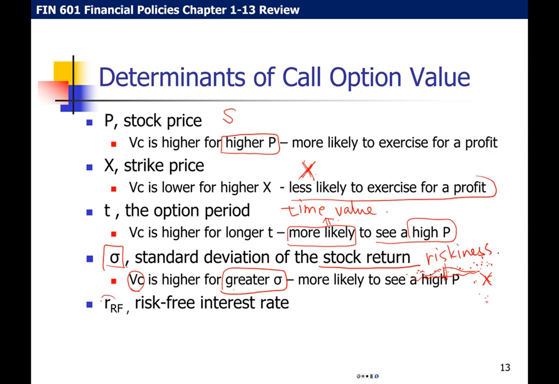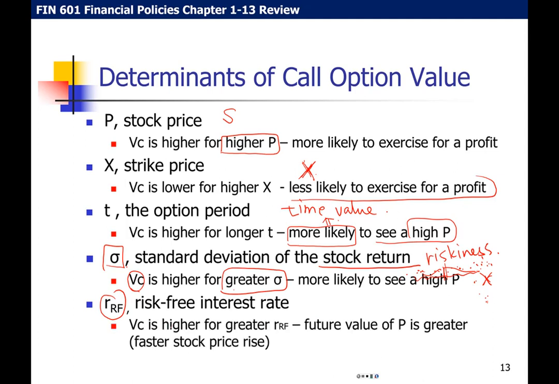The last one is the risk-free interest rate. How does that affect it? The value of a call option will be higher for a greater risk-free rate. When you think about it, the risk-free rate serves as a discount rate or interest rate.